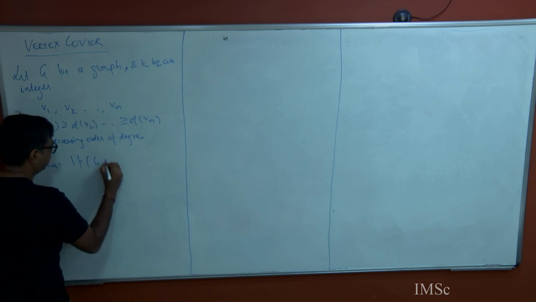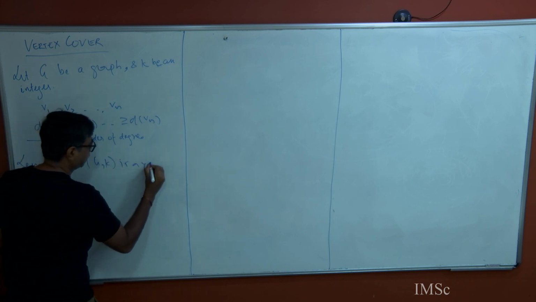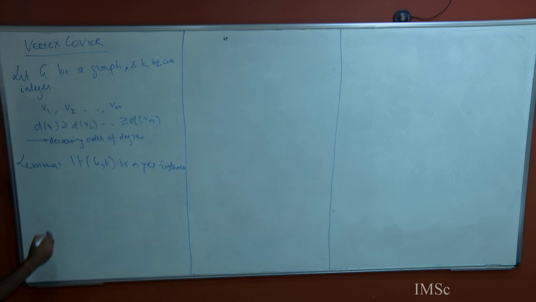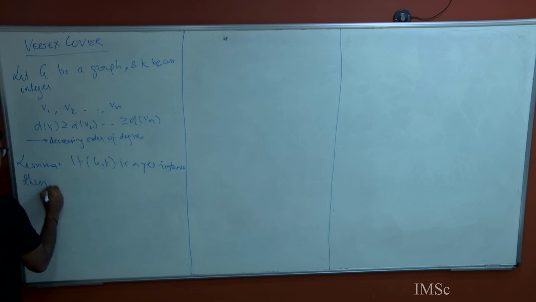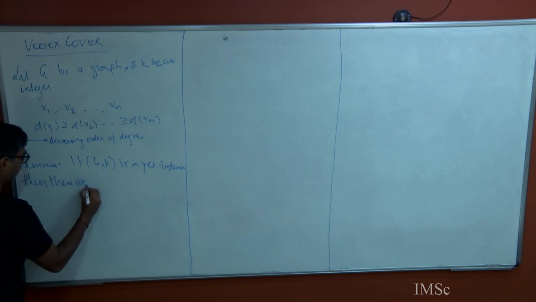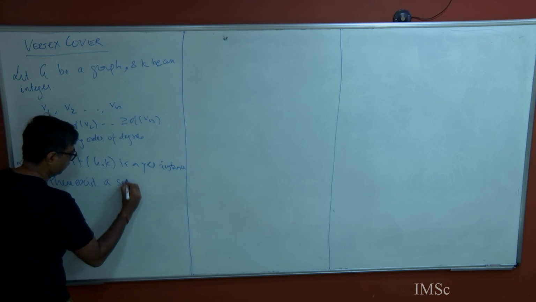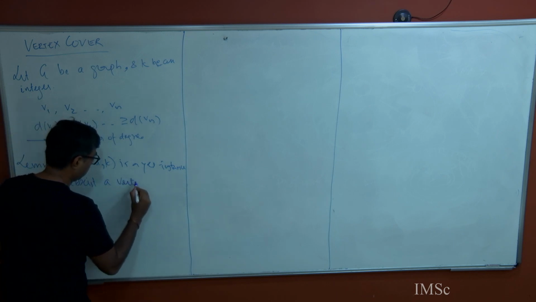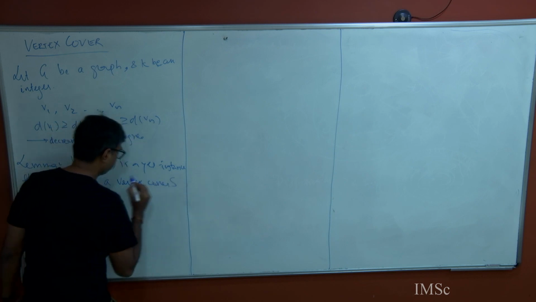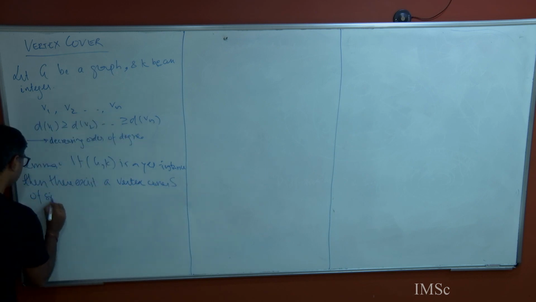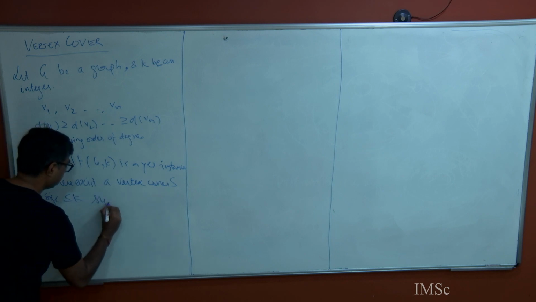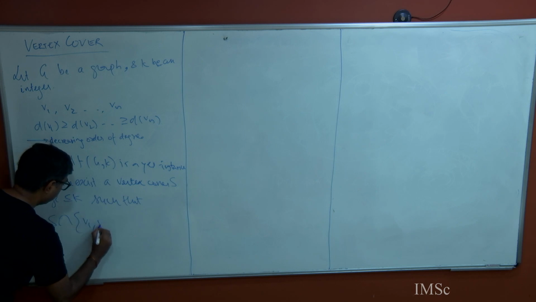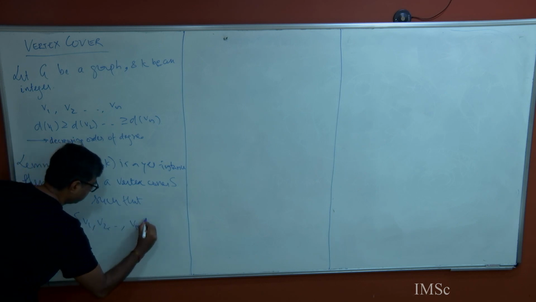If G comma K is a yes instance, meaning it has a vertex cover of size at most K, then there exists a vertex cover S of size at most K such that S intersects V1, V2, up to Vk plus 1.